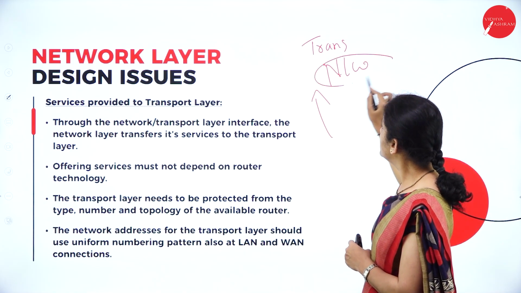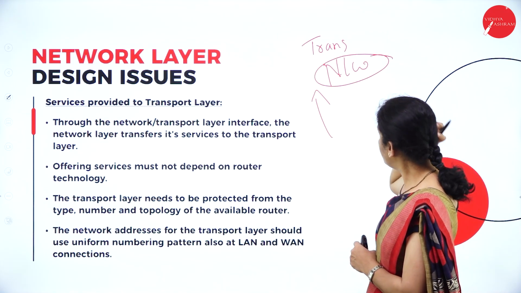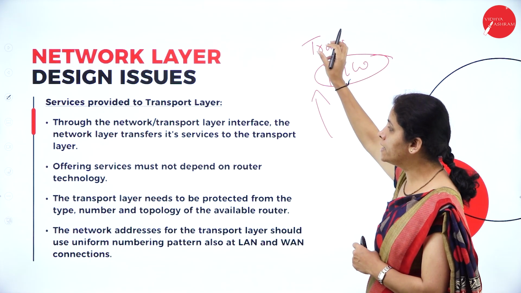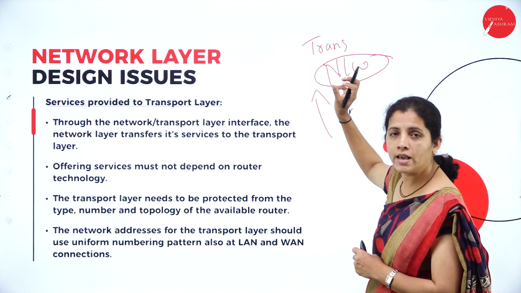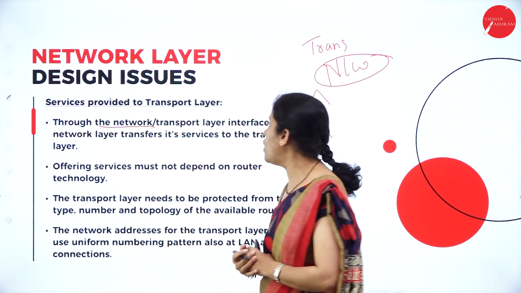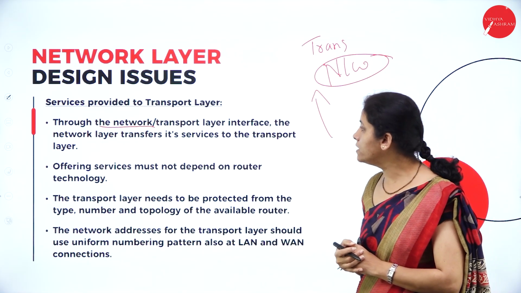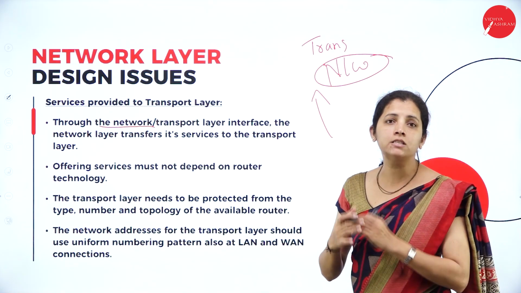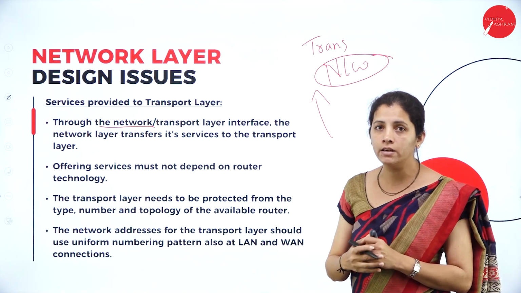See, whatever service the network layer is going to provide to the transport layer, it's going to face some problems. Through the network or transport layer interface, the network layer transfers its services to the upper layer.